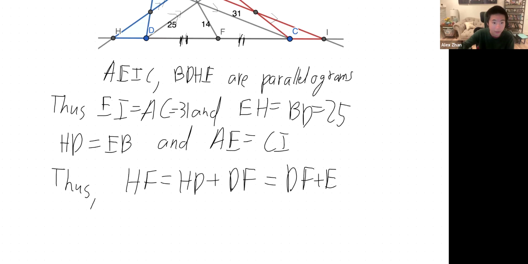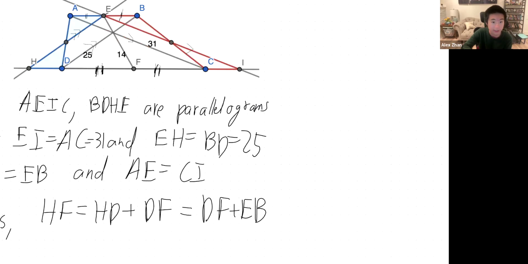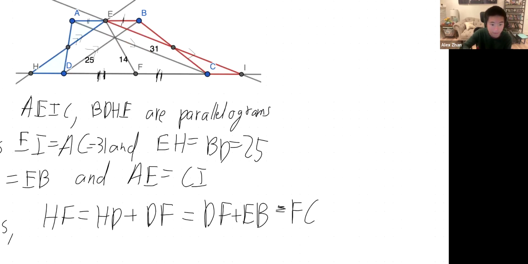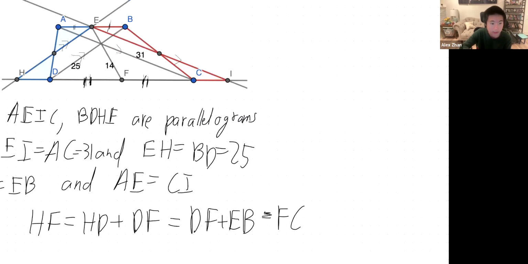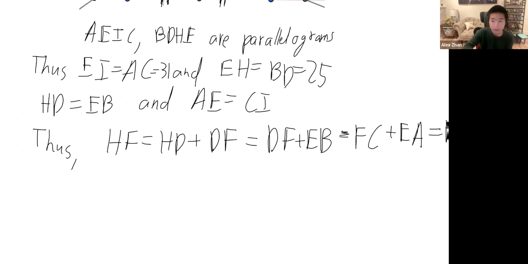And because F and E were the midpoints, as given in the problem, DF is equal to FC and EB is equal to EA. And EA was also equal to CI. So this is equal to FC plus CI equals FI. So now what we actually have is that HF is equal to FI. So F is the midpoint of HI.